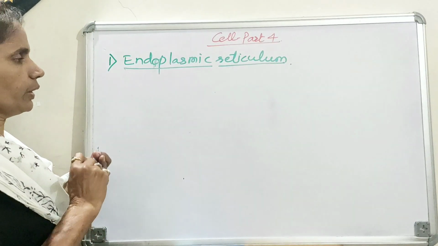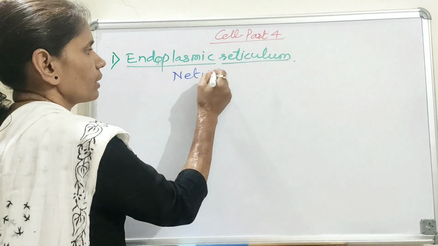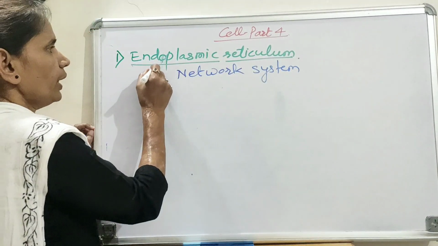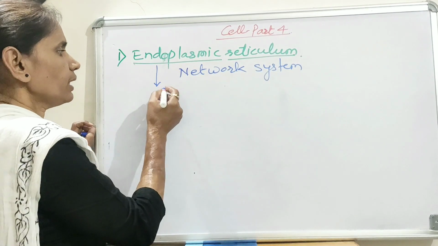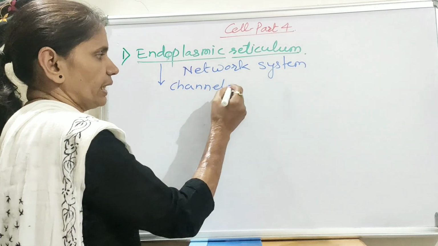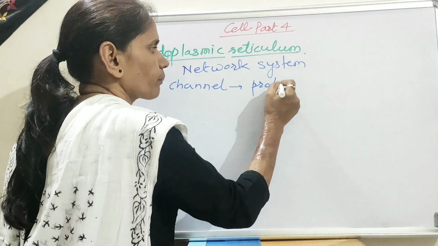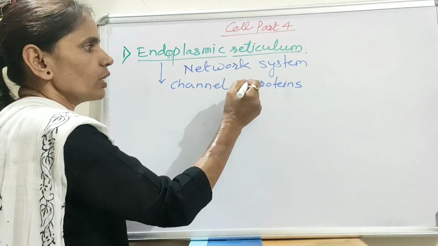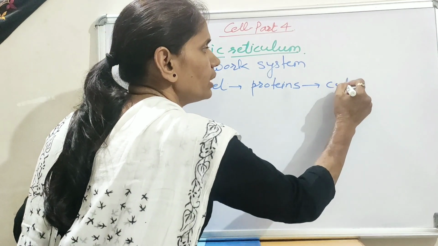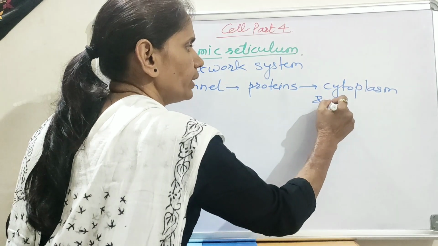The endoplasmic reticulum is a network system. So, one function of the endoplasmic reticulum is that it serves as a channel for sending various components, especially proteins, to the various regions of the cytoplasm, or between the cytoplasm and the nucleus.